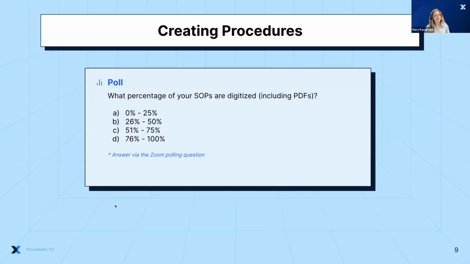So creating procedures, poll again here. Of the SOPs you have, of the procedures that you perform at your facility, how many are digitized, including PDFs? So how many aren't just written on a piece of paper or in someone's head? How many are actually in a digital format of any form? And we'll give you just a couple of minutes to respond to this here.